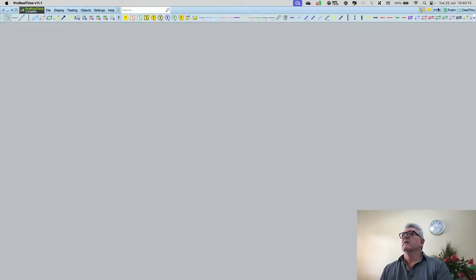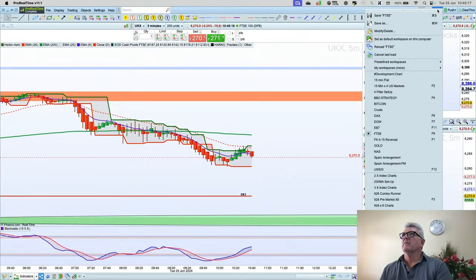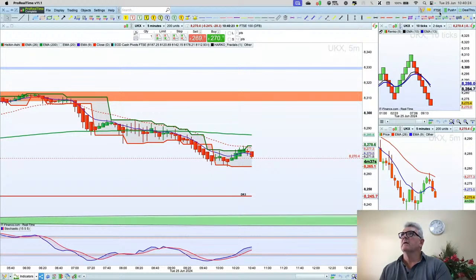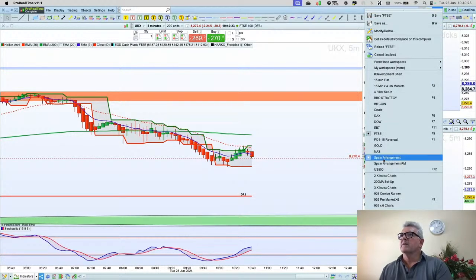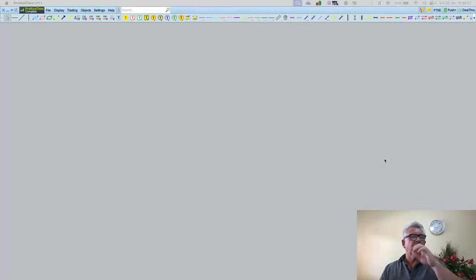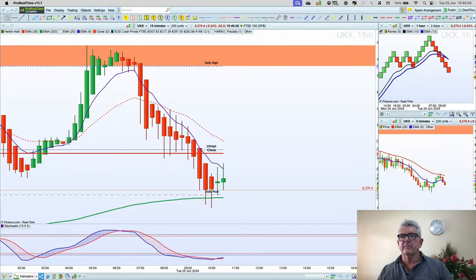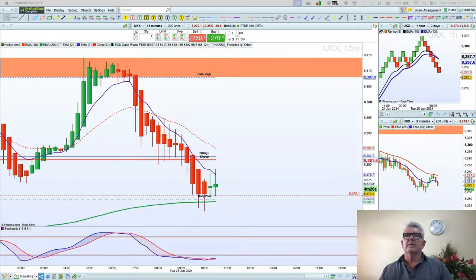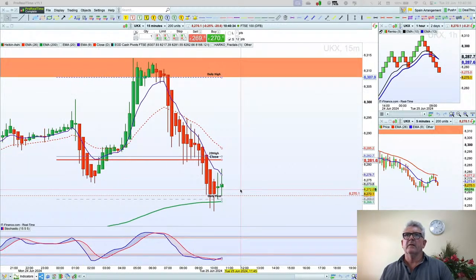FTSE, oops, that's another FTSE move. I'm just trading from Spain today rather than the UK, so I've got the Spanish setup with the different screens that I use. Right, so you can see here we're getting some 15-minute bars, quite weak.